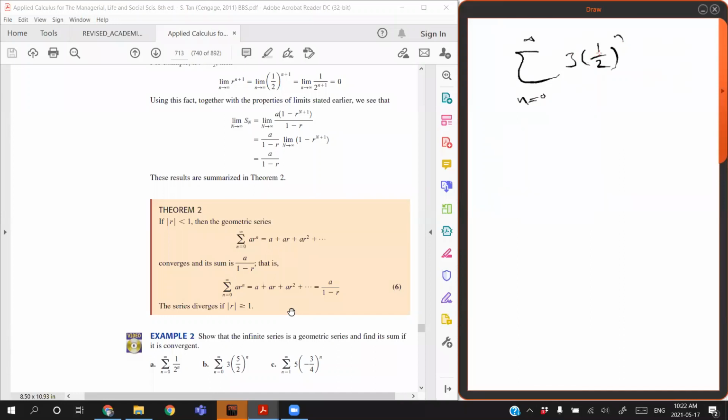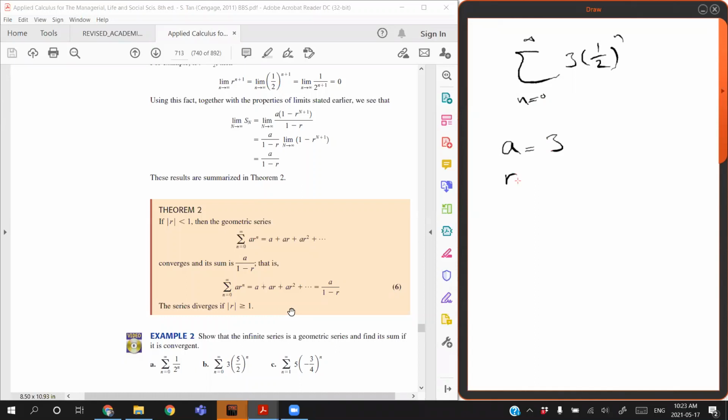First of all, it's obvious that the common ratio 1/2 is between -1 and 1. So this series converges. Then you ask yourself, what is a? A is the first term. So you have to look at this index here. Where does the series begin? It begins at 0. So I'm going to plug in 0 into this and calculate a. When I plug in 0 into this, I get 3.